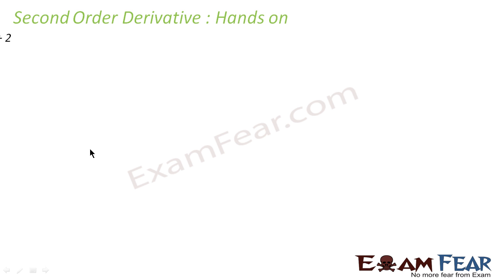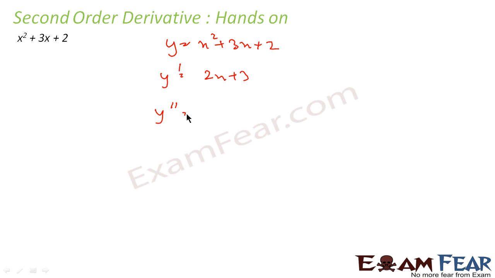Let's take some hands-on on second order derivative. So let's take y is equal to x square plus 3x plus 2, and I have to find the second order derivative for this. The first order derivative will be 2x plus 3. Why? x square becomes 2x, 3x becomes 3 and 2 becomes 0. y double dash is nothing but the derivative of this.